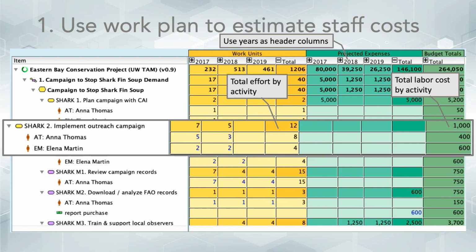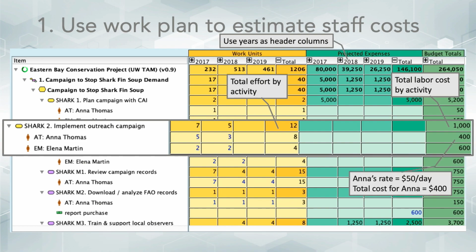In this example, you'll calculate your budget at an activity level, specifically the Implement Outreach Campaign activity. Here we can see that Anna and Elena are programmed to spend 12 days total on this activity. Taking into account their individual daily rates, the staff costs associated with this activity are $1,000. You can use formulas in a spreadsheet to do these calculations.